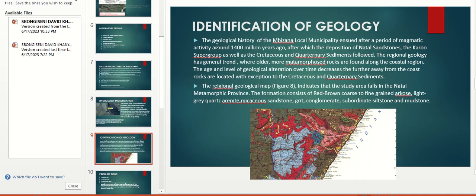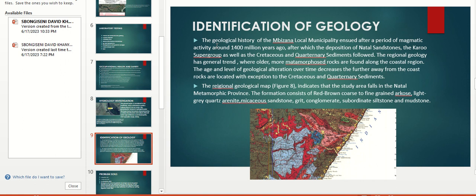Identification of geology. We have identified different types of stones where the proposed road is located.